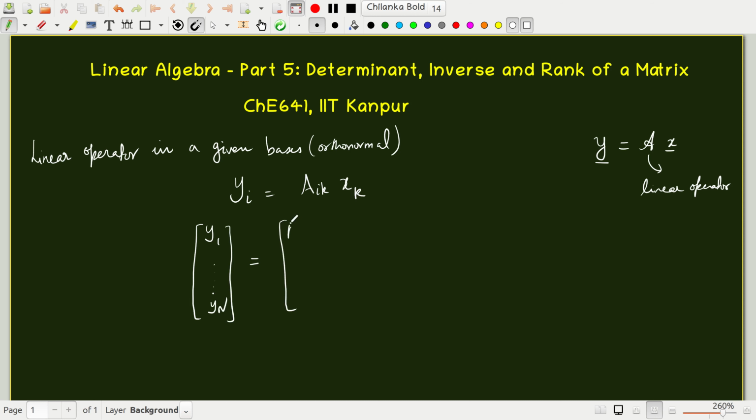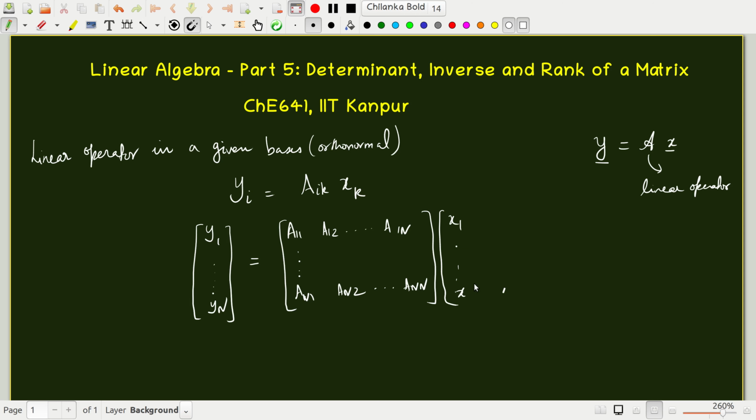So you will have a11, a12, a1n, similarly all the way up to an1, an2, ann, operating on or multiplying the column vector that represents the vector x.